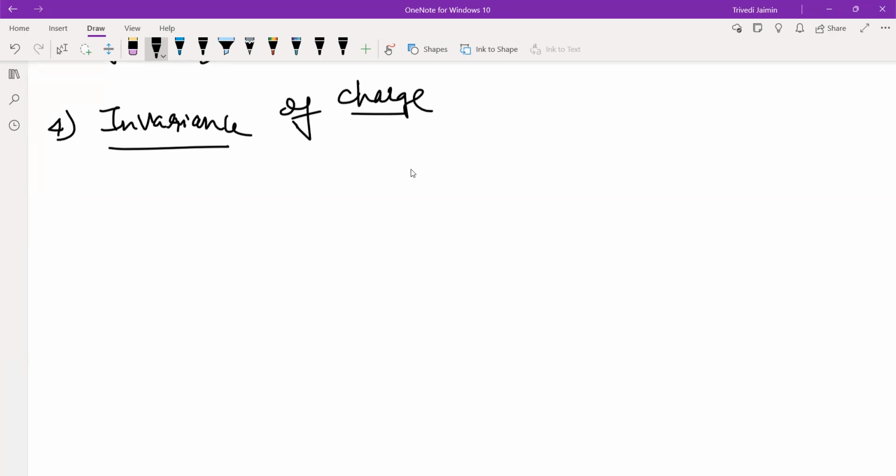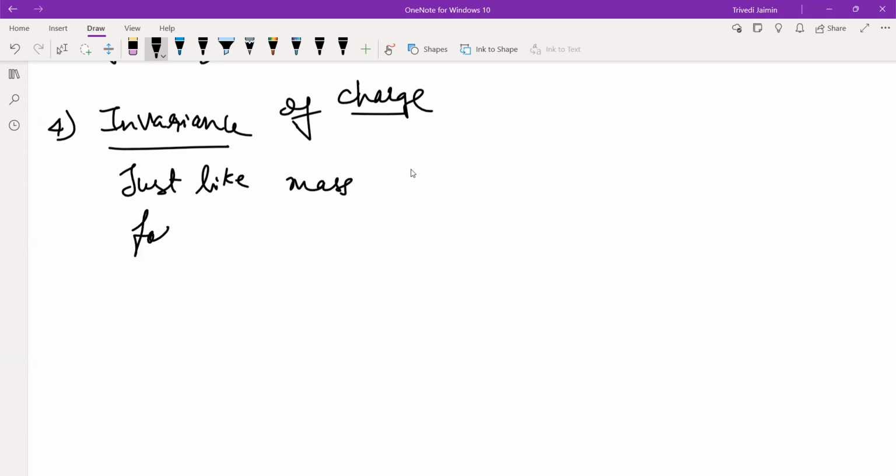Exactly. In a similar way, charge is also constant everywhere. It just depends upon the object, what type of charge it is having. It is just like mass.